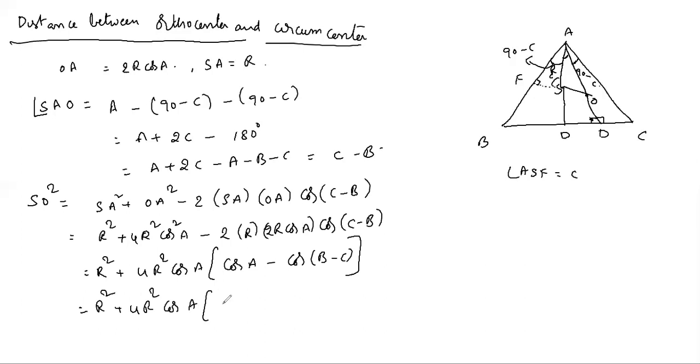Cos A you can write as minus cos of B plus C, since cos of 180 minus (B plus C) is minus cos of B plus C.